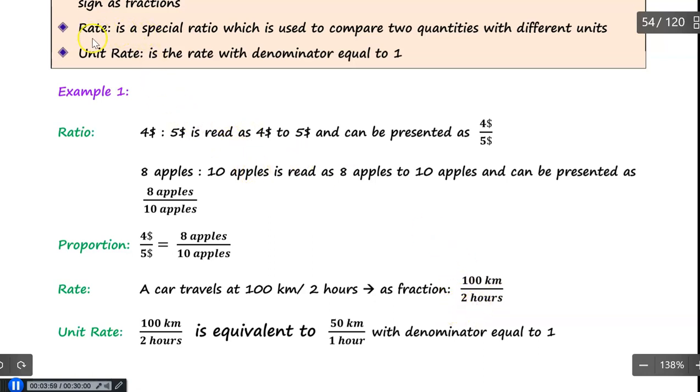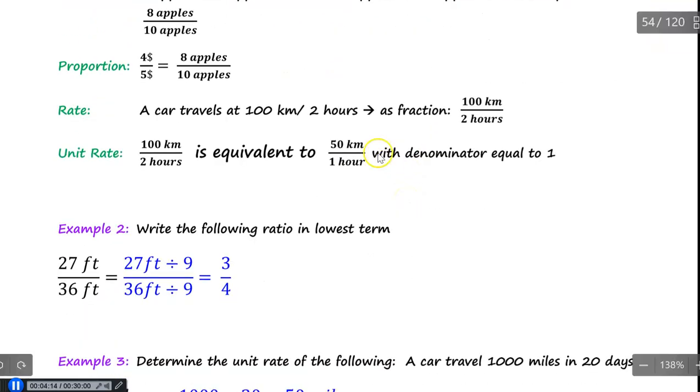If we talk about rate, then it's better to have the definition of unit rate also. The unit rate is the rate with denominator equal to 1. So if I have 100 km per 2 hours, using equivalent fractions, which we learned in a previous unit, I can take 100 kilometers and divide it by 2, and I have 50 kilometers, but this 50 kilometers represents 1 hour.